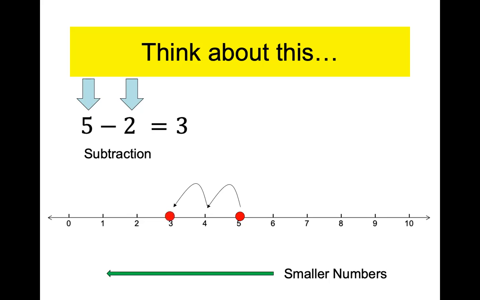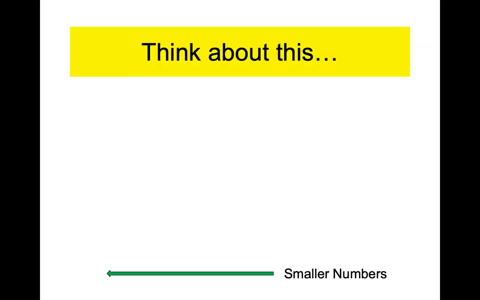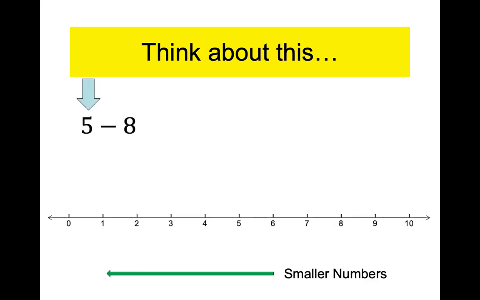The issue is that subtraction means get smaller. If we start at 5 and we get smaller by 8, we count over 1, 2, 3, 4, 5. We run out of numbers on our conventional number line. So the number line that you had in kindergarten, first grade, all the way up to this point right now, did not allow you to do 5 minus 8.